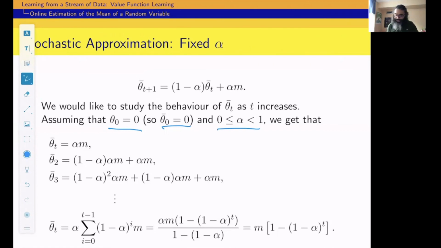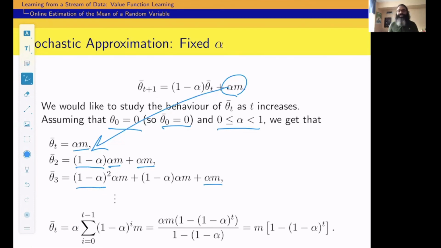So I get that theta bar of 1 is just alpha times m. And then theta bar of 2 is 1 minus alpha times the previous value alpha m plus the new value alpha m. Theta bar of 3 is similar, but you see there's a pattern: 1 minus alpha squared times alpha m plus 1 minus alpha times alpha m plus alpha m.